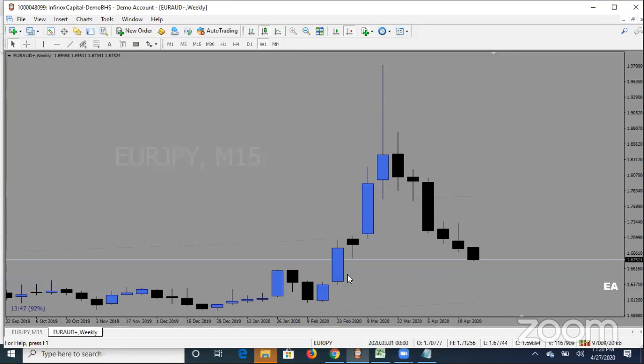EA has been on a downtrend. And from the formation of EA on the weekly, you might want to assume that EA might be coming all the way here, right? Because you have a bullish order block right about here. You have a bullish order block right about here. So EA might be coming all the way to this point, right?